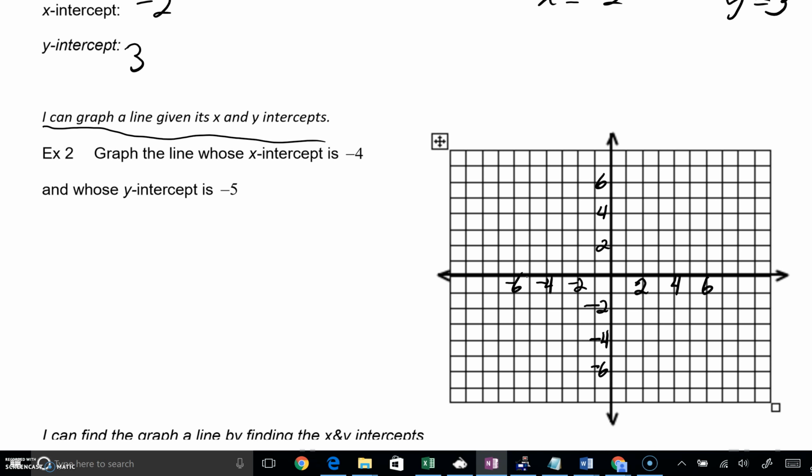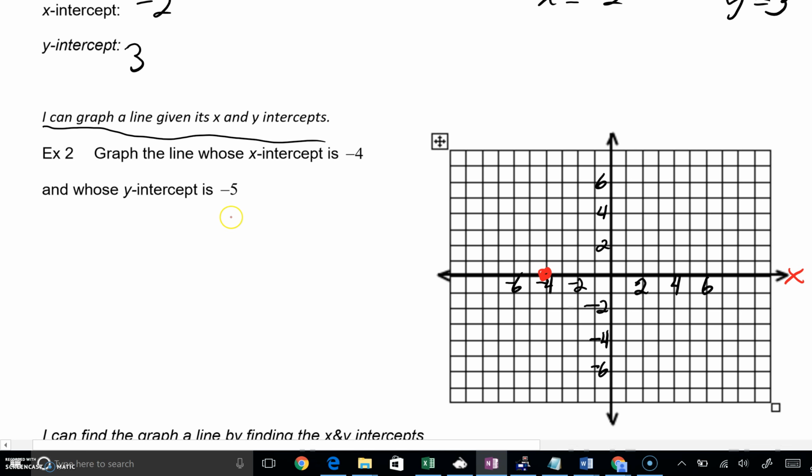But what they want you to do is make a graph of the line whose x-intercept is negative 4. They're giving you the x-intercept. Go to your x-axis, go over here on the x-axis, put a dot there. That's physically what an x-intercept looks like. It's the point on the x-axis where the line will cross that particular axis.